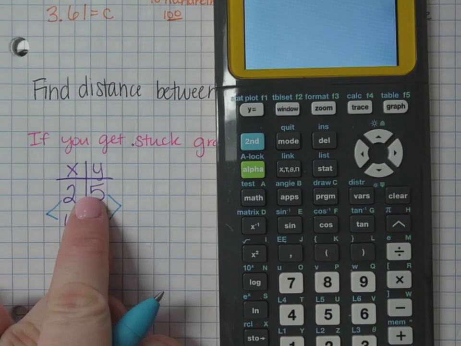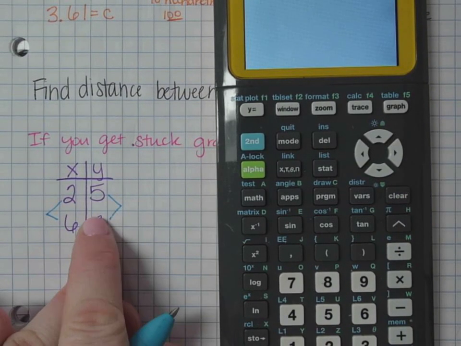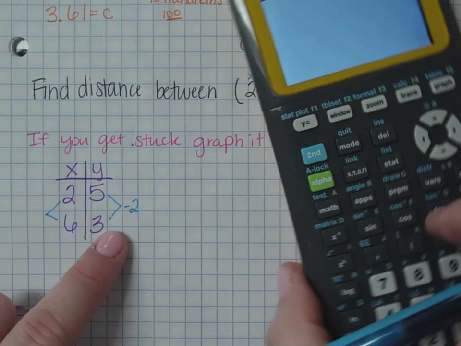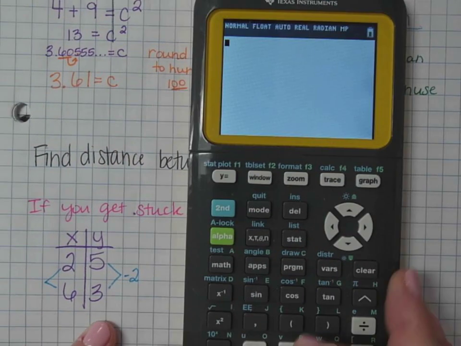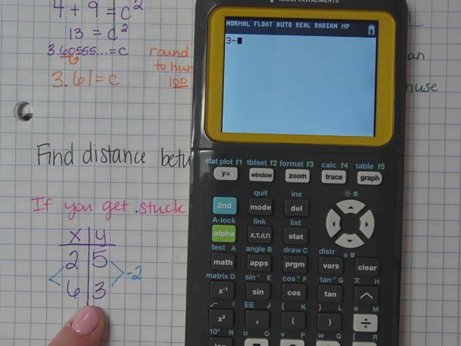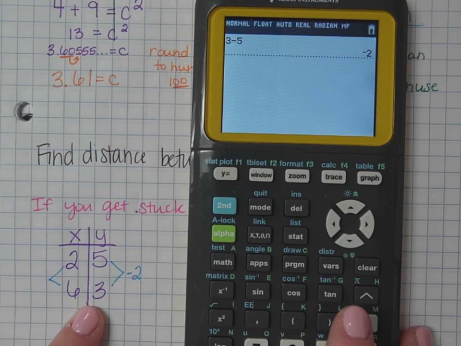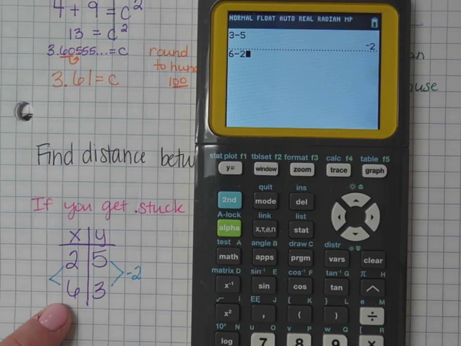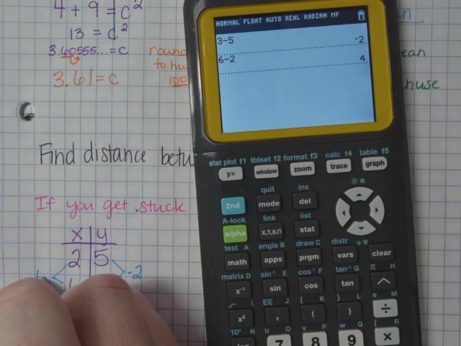We know from 5 to 3, it changed by 2, and it went down 2. But if you don't even want to think about that, just take the second number and subtract the first. So do 3 minus 5, which is -2. And then do 6 minus 2, which is 4.